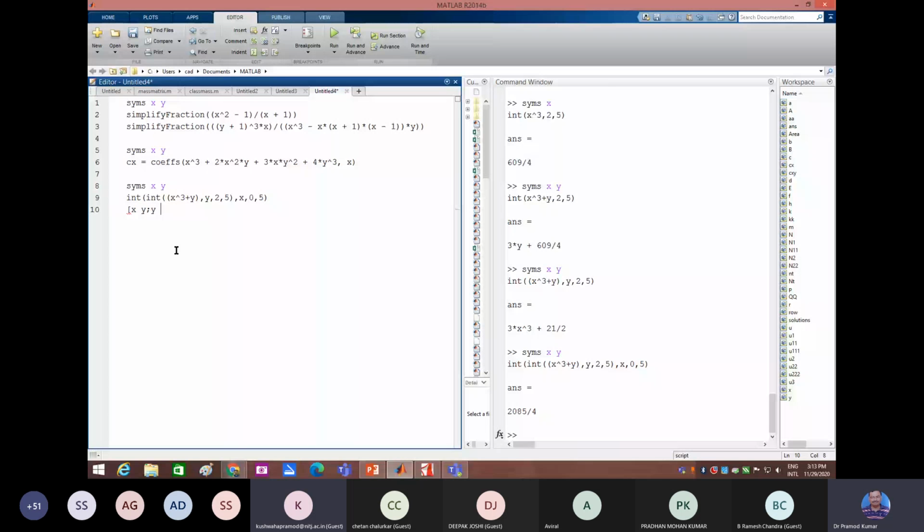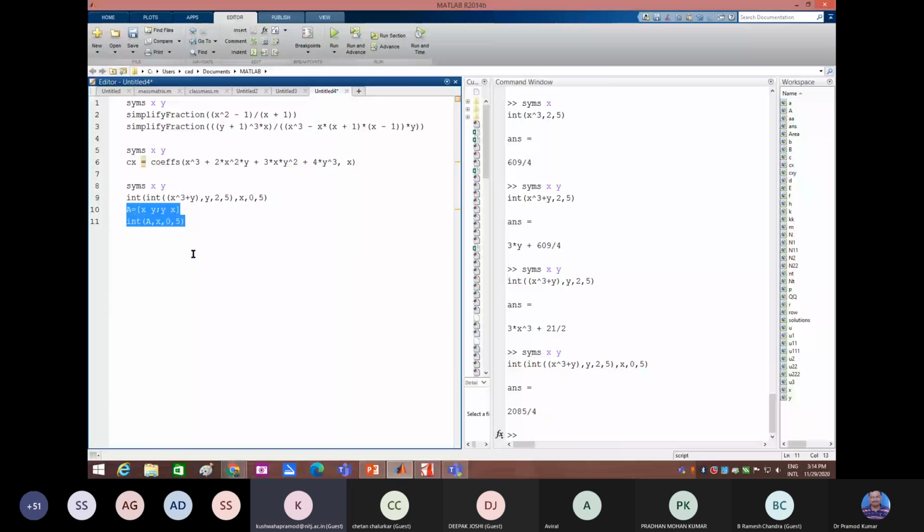This is a matrix A. Then integrate this matrix with respect to x and put your limit 0 to 5. This thing we can do.